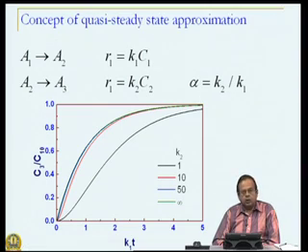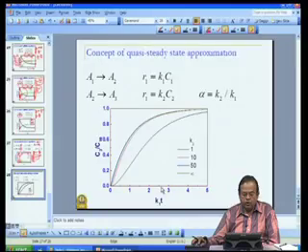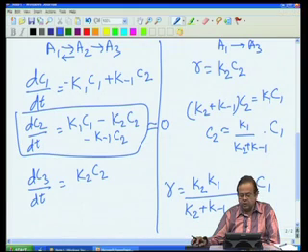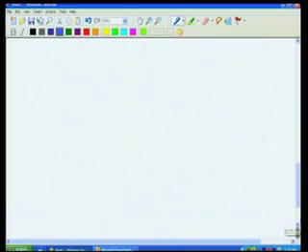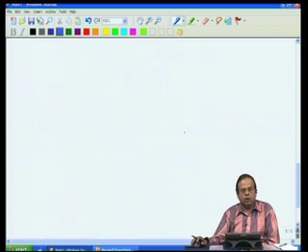So, there are two different ways in which we saw in this class how we can simplify the rate of formation of a product or species. Let me recap once again, because this is an important concept which we will not be repeating again and again. Let me recap these two approaches and put them in perspective.